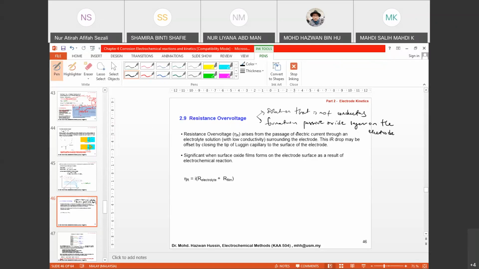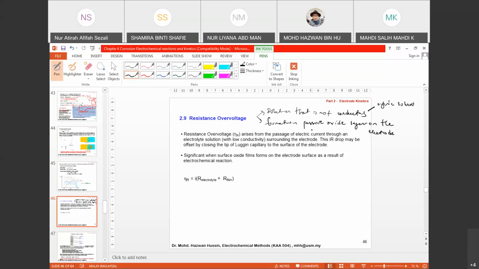When you have a solution with very little conductivity, for example an organic solvent, probably with a salt added just to make it slightly conducting, but maybe the concentration of the salt is not that high, then you can also experience resistance overpotential.